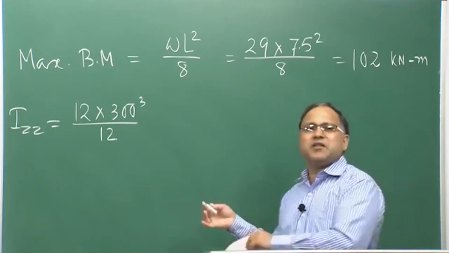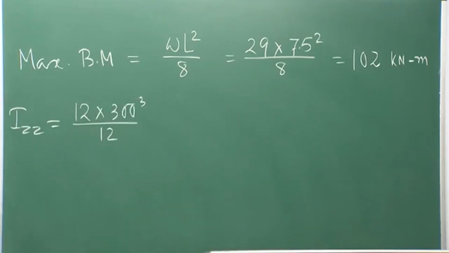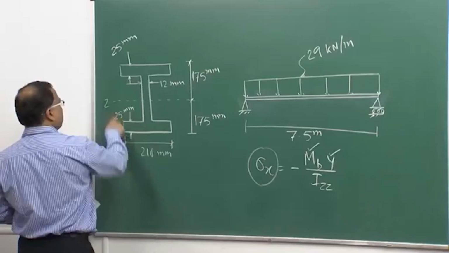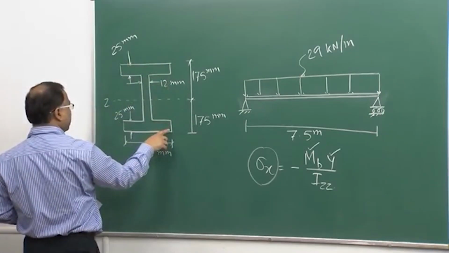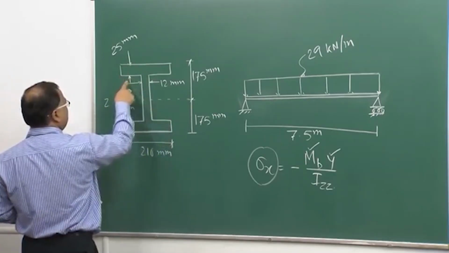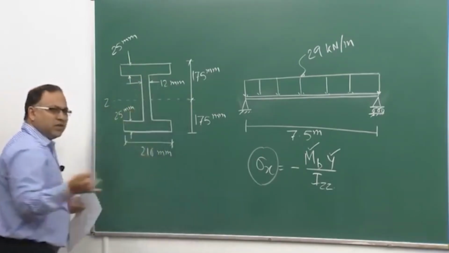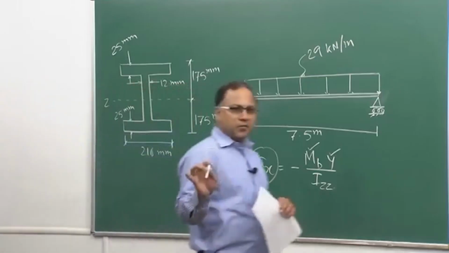There are several options by which you can find IZZ. You can find the IZZ for the whole cross section, considering it as a rectangular cross section, and then subtract this part. There are several ways, as you know, so I am not going to repeat that.